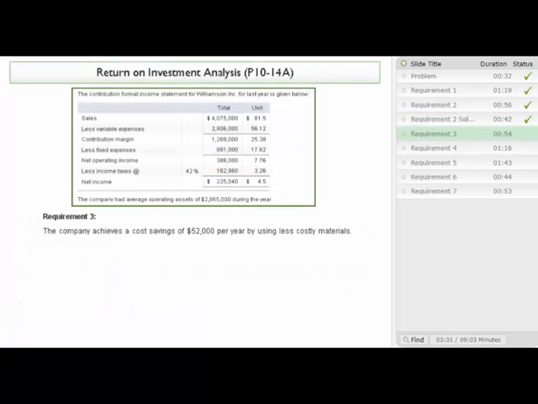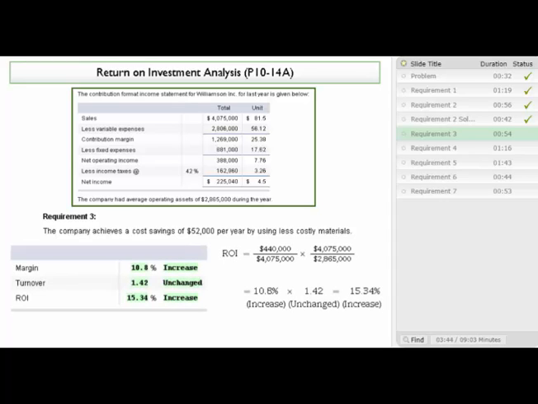Next, we take a look at what happens when the company achieves a cost savings of $52,000 per year by using less costly materials. Well, the cost savings results in a $52,000 increase to net income. So what we see is an increase in margin from where we were in the base case, net operating income divided by sales.